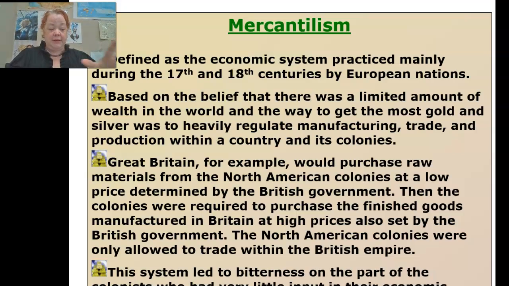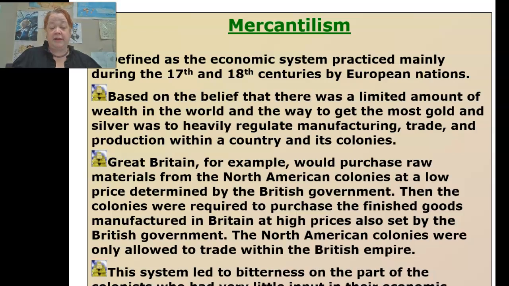The big analogy is that they believe there's a pie, and they're fighting for the biggest piece of that pie. The Industrial Revolution was teaching other countries that there's a second pie, and you don't need to be hoarding the wealth away from everybody else. Well, at this point, they all think there's just the one pie, and they're fighting for a piece of it, and the colonies are the biggest piece and what they can get out of it.